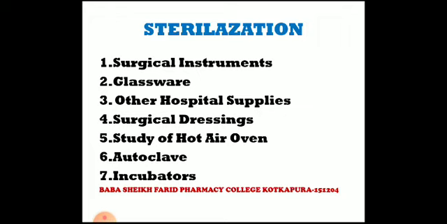Now sterilization is divided into methods which are applicable under this point. There are mainly two methods. The first one is called the physical method, the second is called the chemical method. In the physical method, we use dry heat sterilization, moist heat sterilization, or sterilization by radiation.